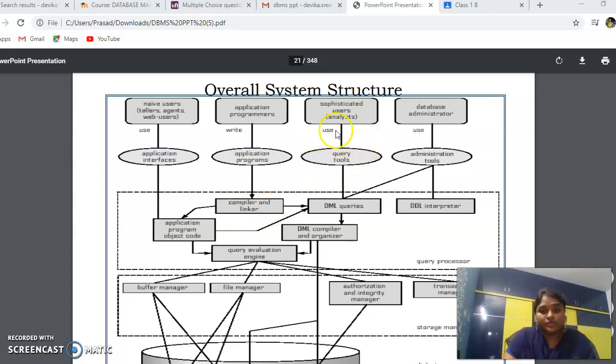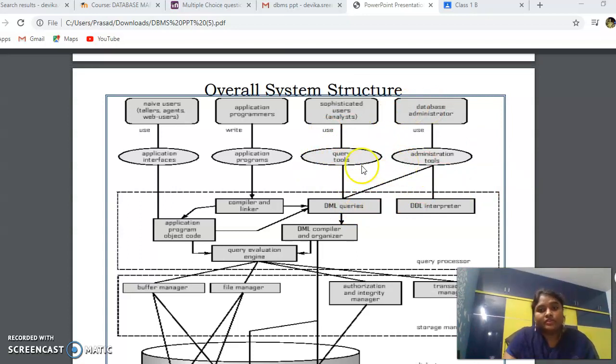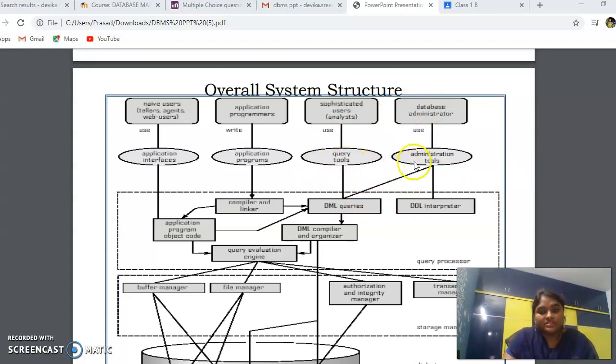And when we use query tools or administration tools, it takes help of DML queries and the DDL interpreter respectively, right? Once the compiler and linker join themselves, they are transferred in the form of DML queries.